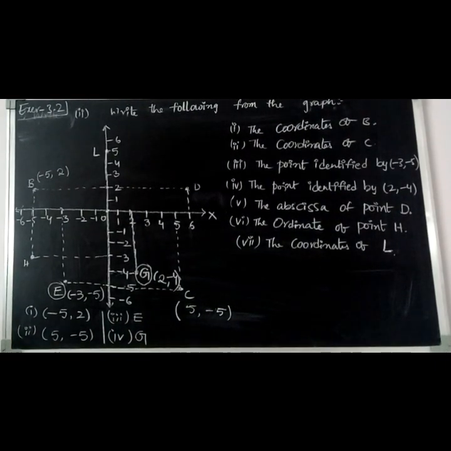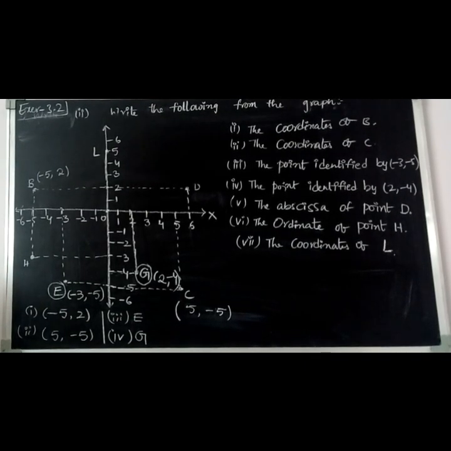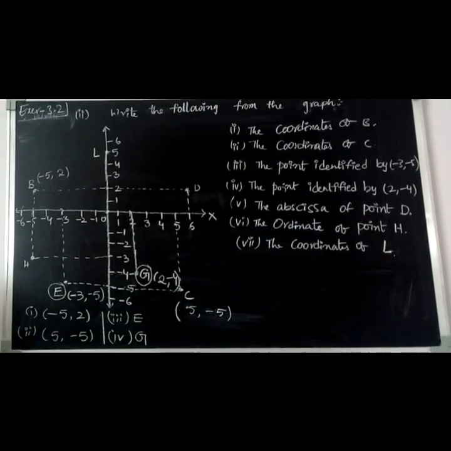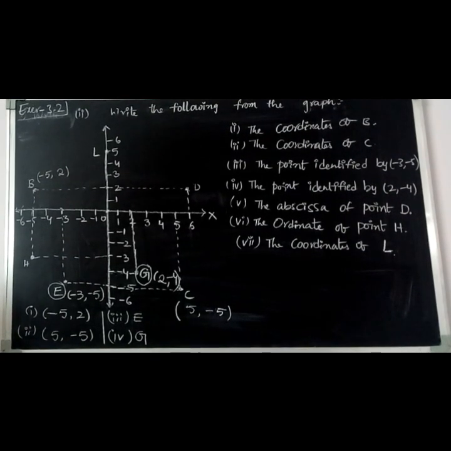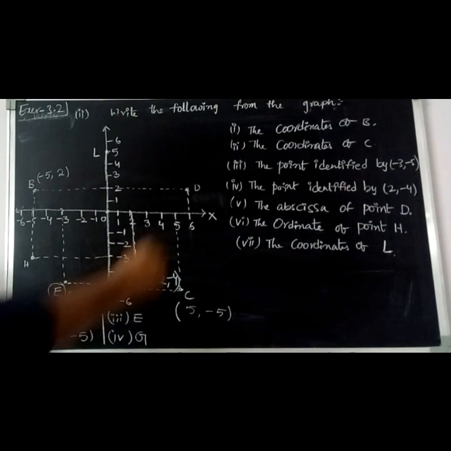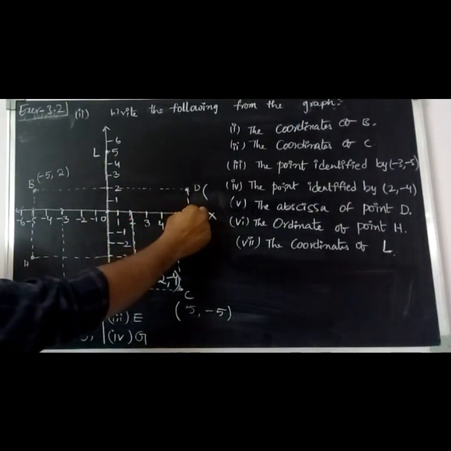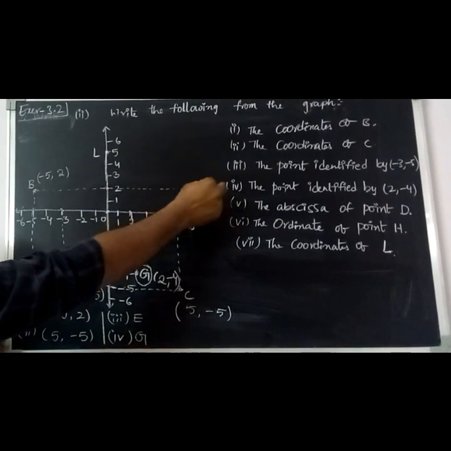Now let us see the fifth question. The abscissa of point D. I already told you the point x comma y can also be called abscissa comma ordinate. Abscissa indicates the x coordinate, ordinate indicates the y coordinate. So here the question is all about abscissa. That means we have to find the x coordinate of D. Here the point D is on the x-axis at 6, on the y-axis at minus 2.